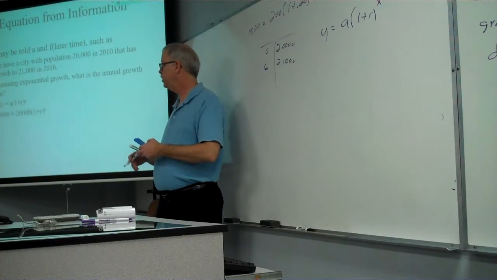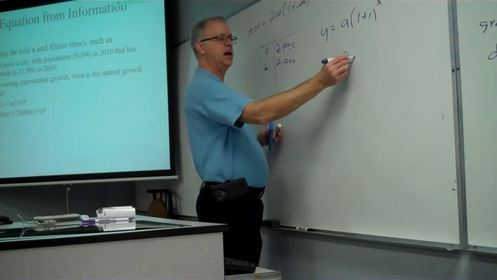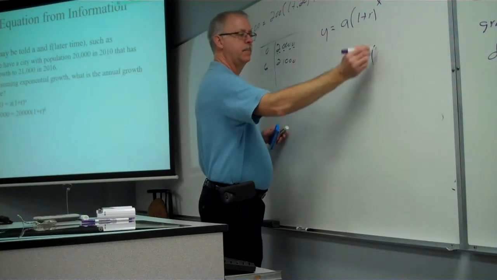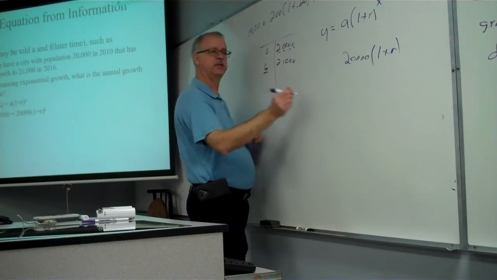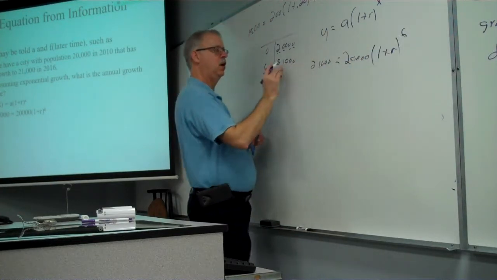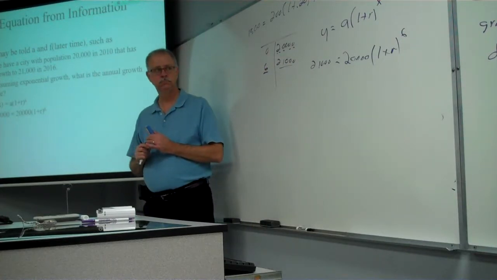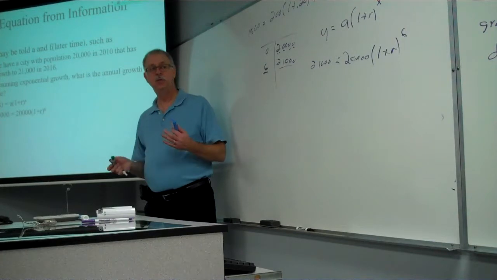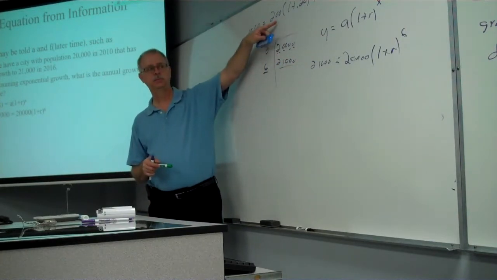So if we plug in the information we do know, the initial amount, they told us that. They didn't tell us the rate, but they did tell us how long we're doing this and what our final result was. Now again, we've got to solve. This solve, though, is actually easier than this solve.